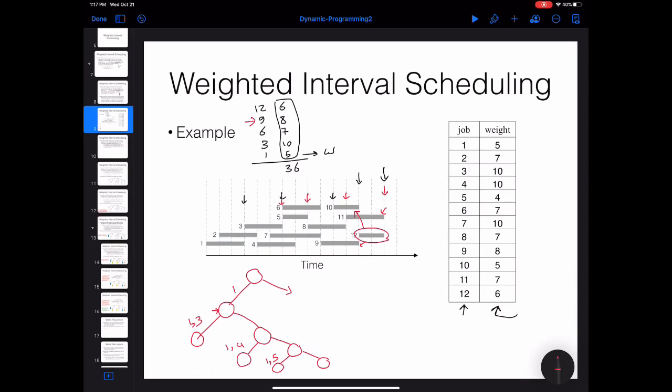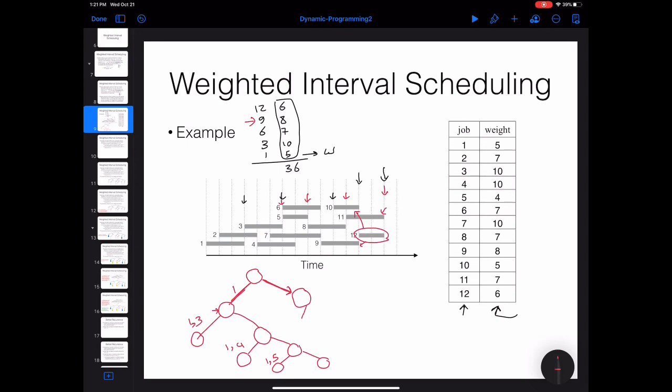So let's expand a couple of other nodes, this part. Remember, in the first branch, I chose 1. In this branch, I didn't choose 1. So I can now choose 2 or not, right?